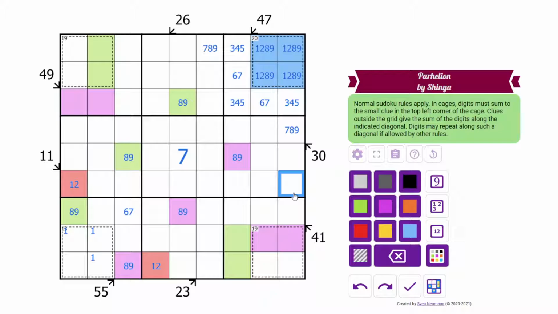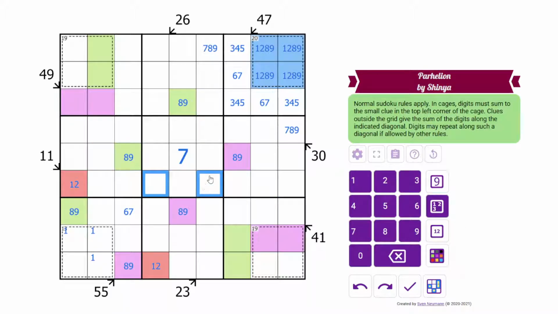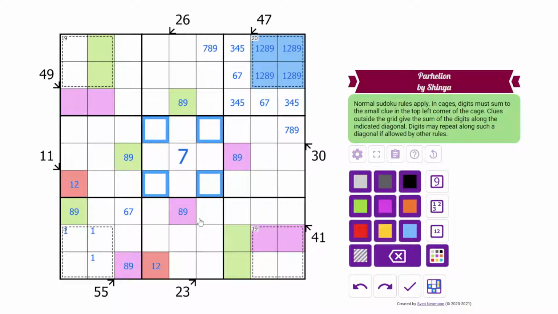I have no idea how to inch. Could that be a purple? Probably. Oh, but that's a maximum of 5.